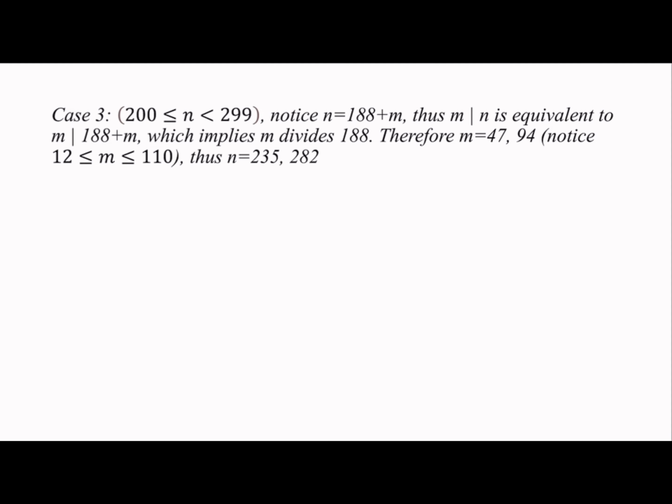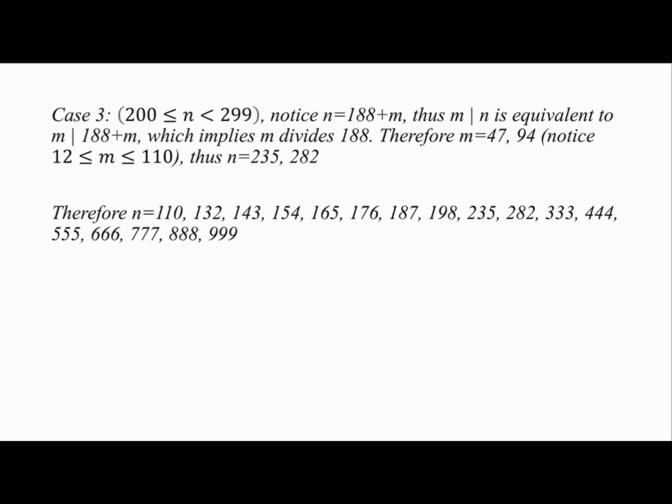This implies m must divide 188. We would use simple case bash, and we'll have m equals 47 and 94, since 12 is smaller or equal to m smaller or equal to 110. Therefore, if we plug it back in, we'll have n equals 235 and 282.